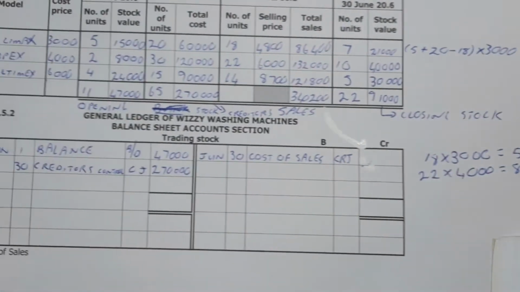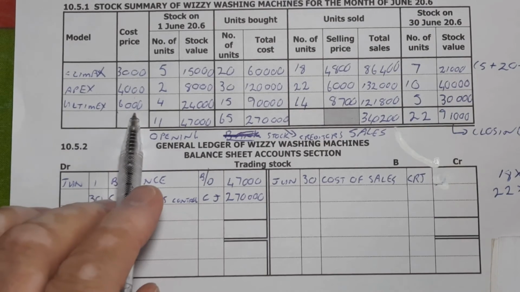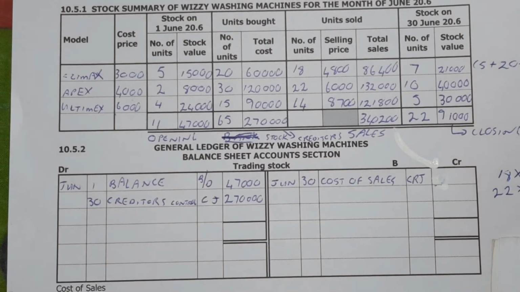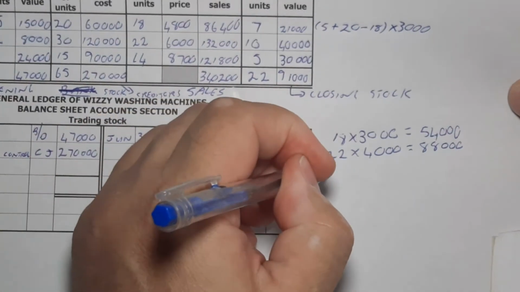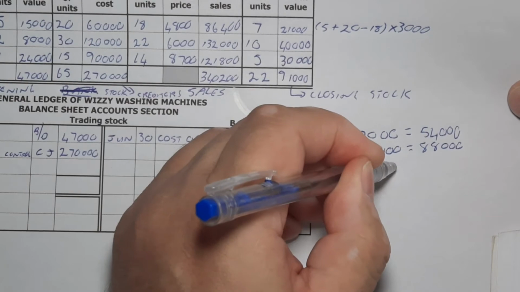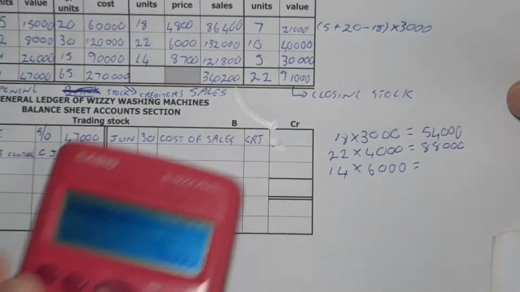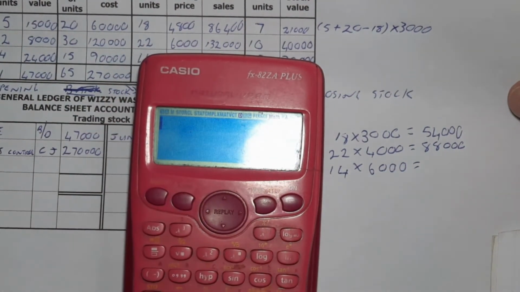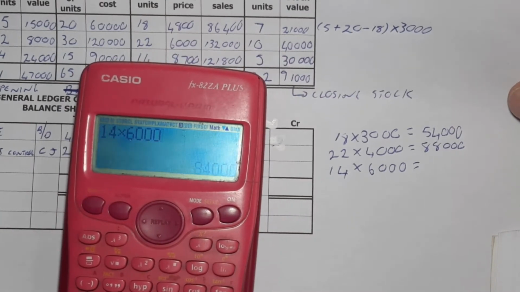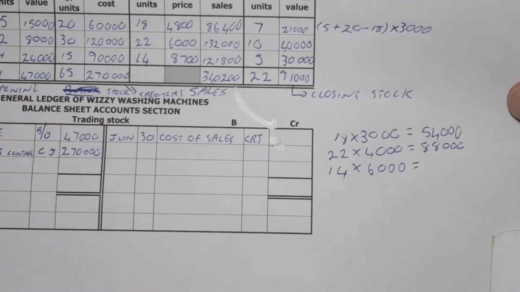And then the last one, the cost price is 6,000, and we sold 14 units. So we sold 14 units at 6,000 Rand a unit. So that would be 14 at 6,000 Rand a unit, which gives us 84,000.